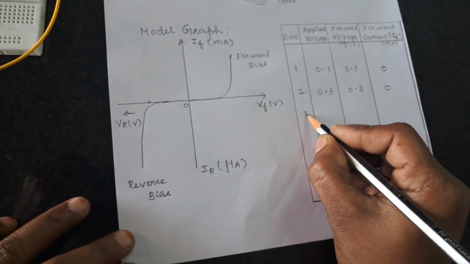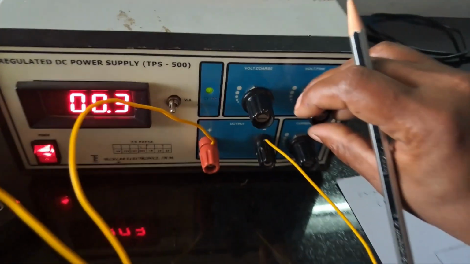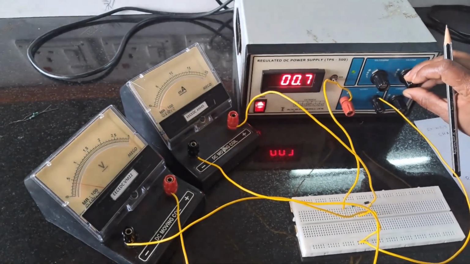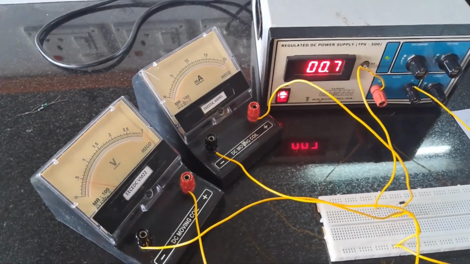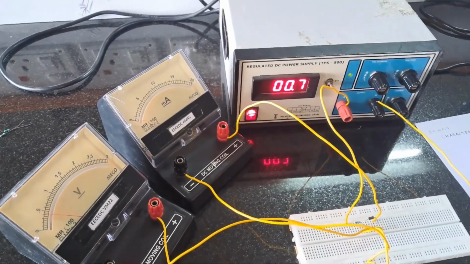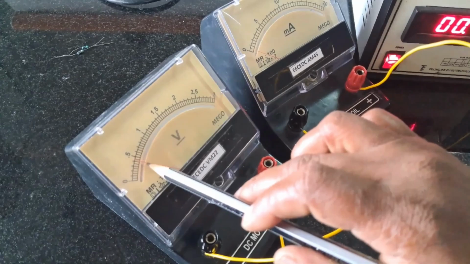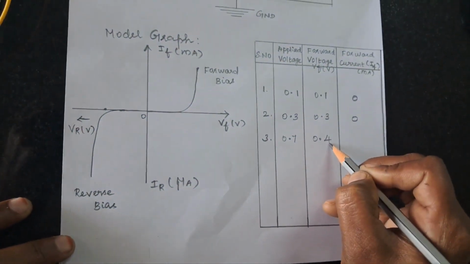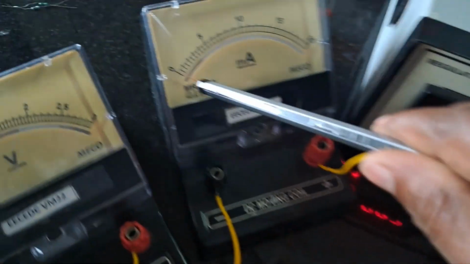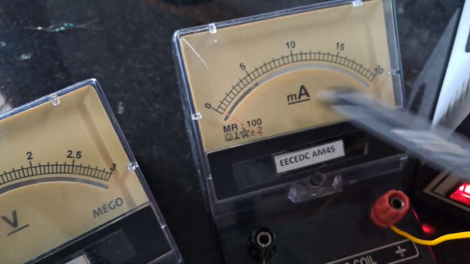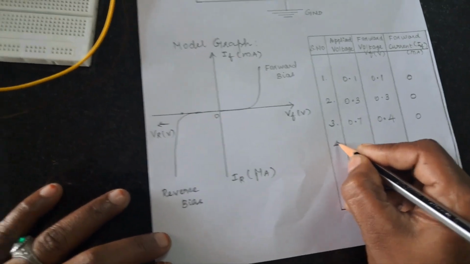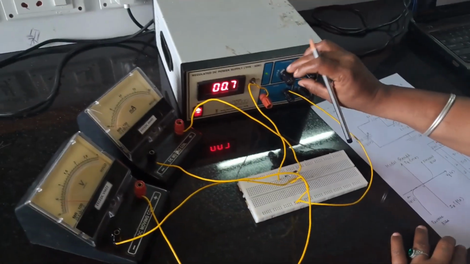For the next reading, we increase the supply voltage to 0.7. Here the forward voltage is 0.4. There is no milliampere reading, it is a 0 value. Next, note down the next reading.